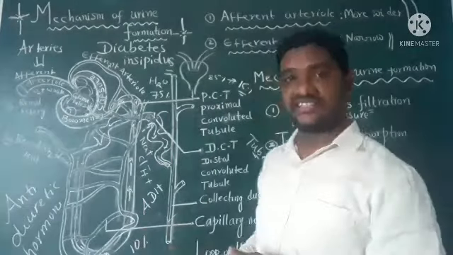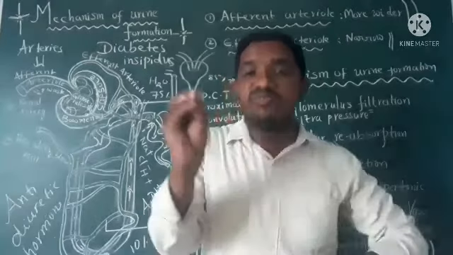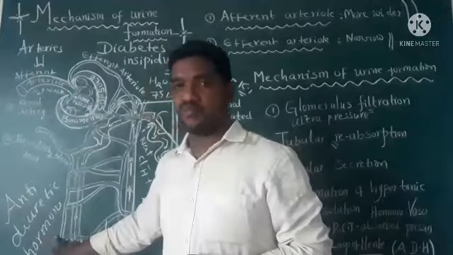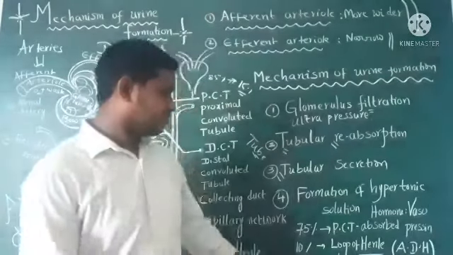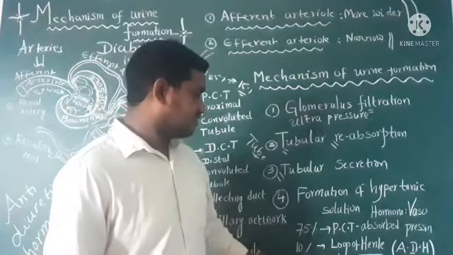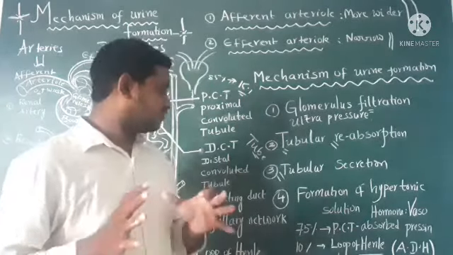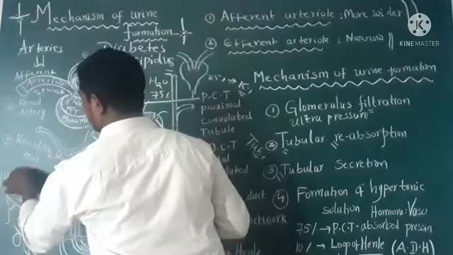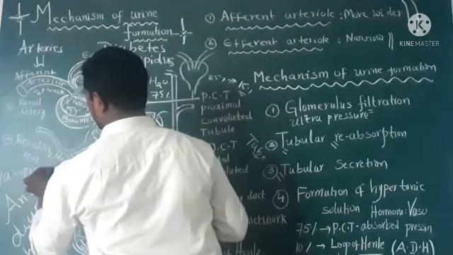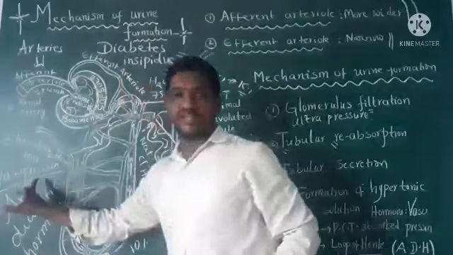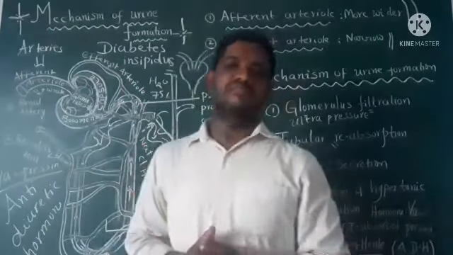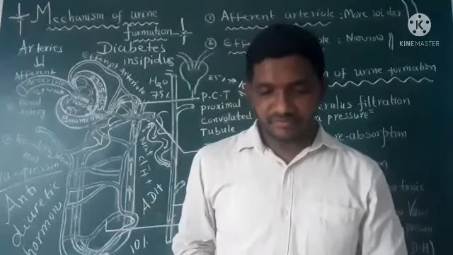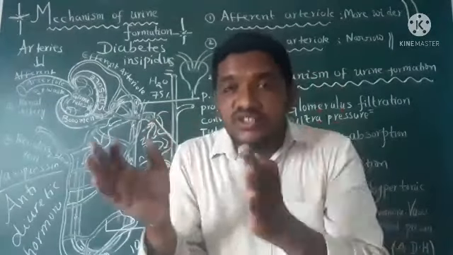At that time, at the site of the collecting tube, one hormone will release. That is vasopressin or antidiuretic hormone. See here how it is written. Vasopressin, I am writing here. This hormone releases when the concentrated urine is to be passed out.